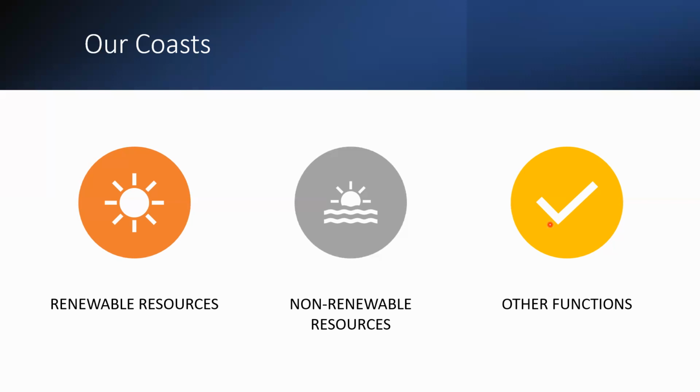They help prevent erosion. Coral reefs are usually home to a vast biodiverse environment, so healthy coral reefs help promote healthy biodiversity. And of course, our coastal areas are places for recreation and tourism.